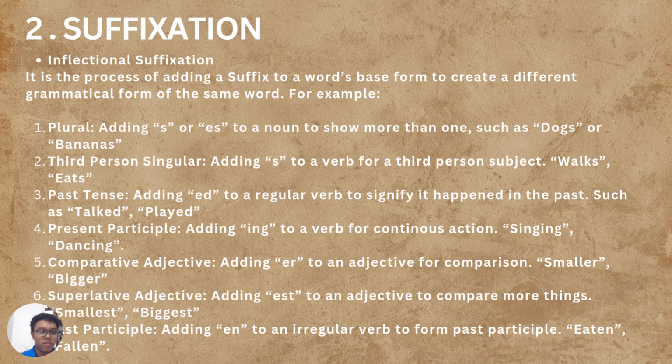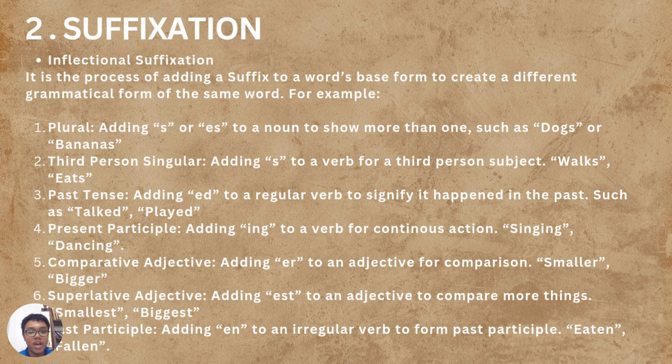Third person singular, adding s to a verb for a third person subject. Walks, eats. Past tense, adding ed to a regular verb to signify it happened in the past, such as talked or played. Present participle, adding ing to a verb for continuous action, such as singing, dancing.